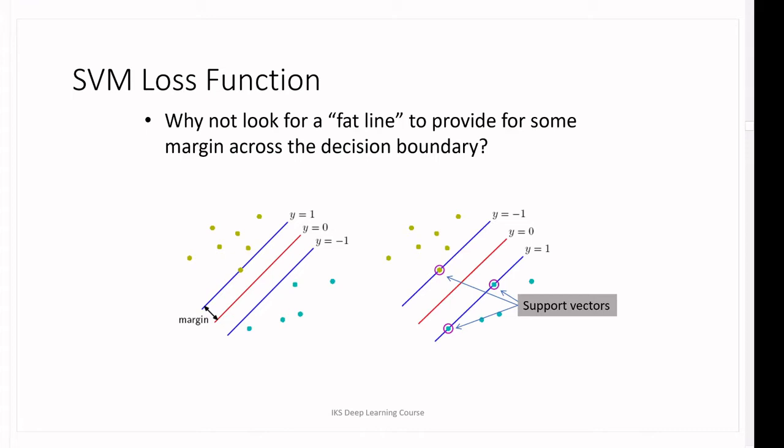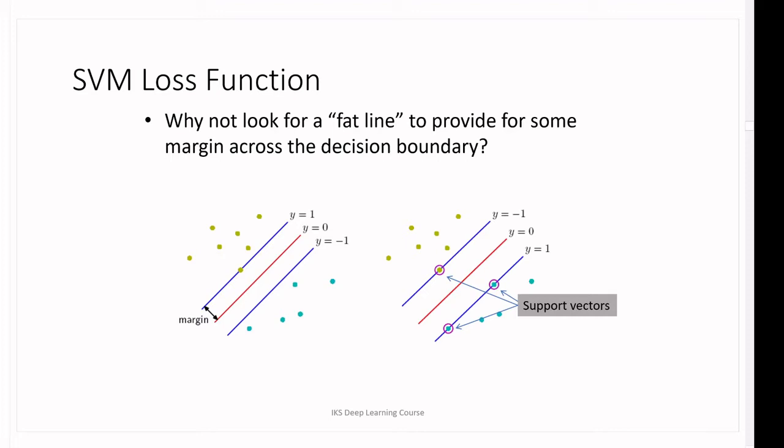And to deal with those variations, you want to put your line somewhere in the middle, or you want to make your line fat, as we are seeing. So basically, one can look for a solution where you put a line somewhere in the middle so that it has sufficient margin on both sides of the decision boundary to deal with future variations in the examples that the system is likely to encounter.